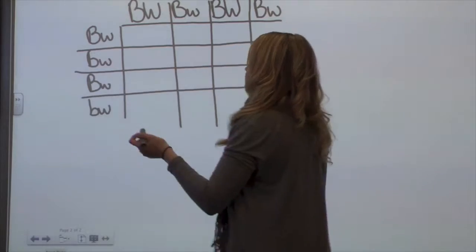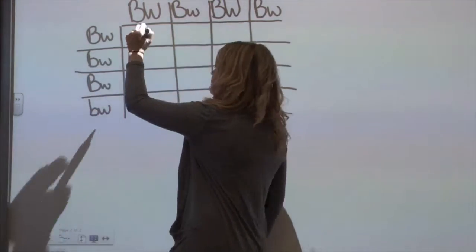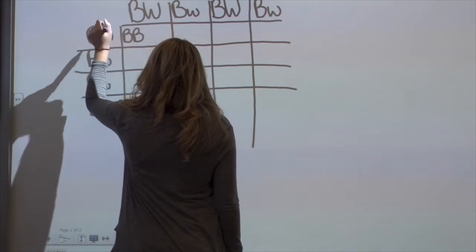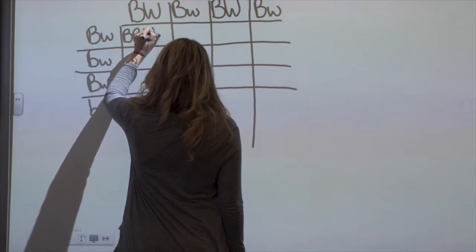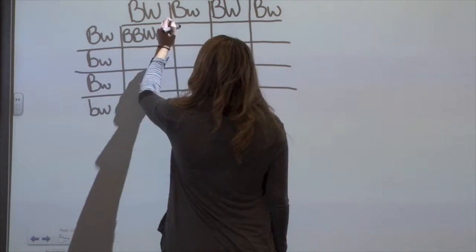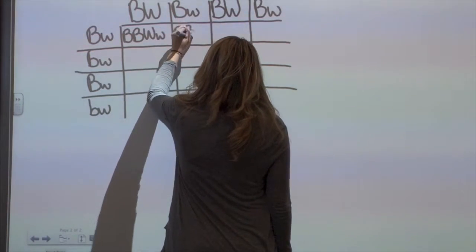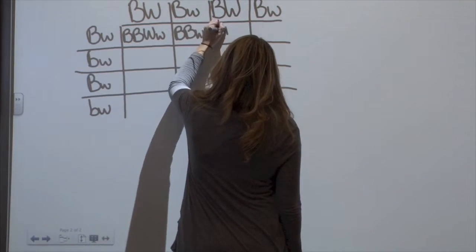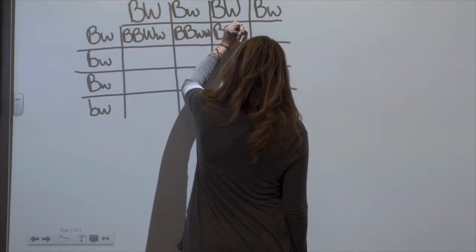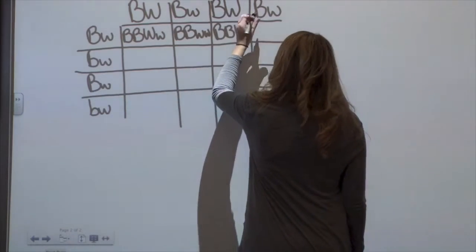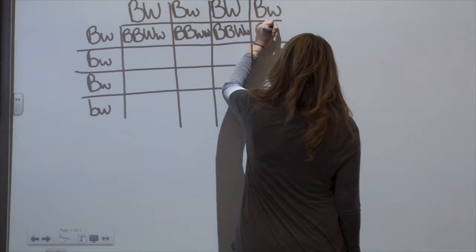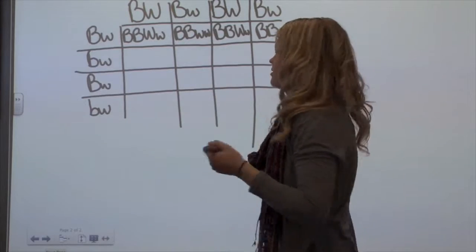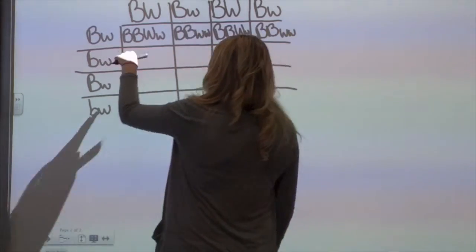So from here we get big B, big W, little w in this top corner. And we can just follow that through. So big B, little w, big B, large W, small w, big B, little w.